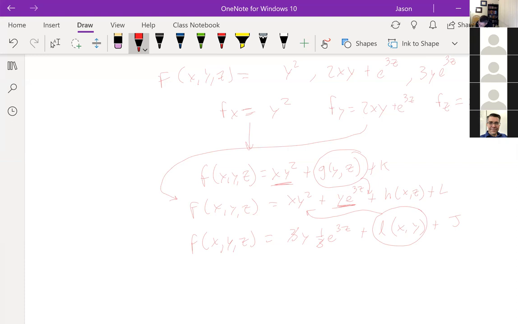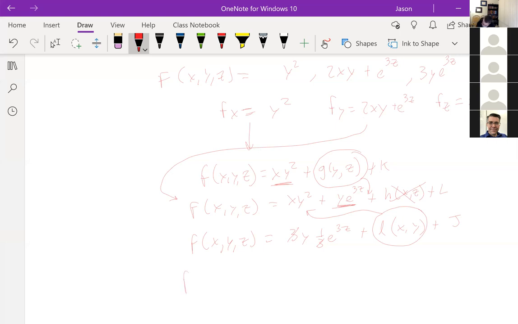We just don't have an h of x, z, but there isn't one, because if there was one, we would certainly get that term. If we had an xz term and did the partial on x, it would show up. So this guy doesn't exist.